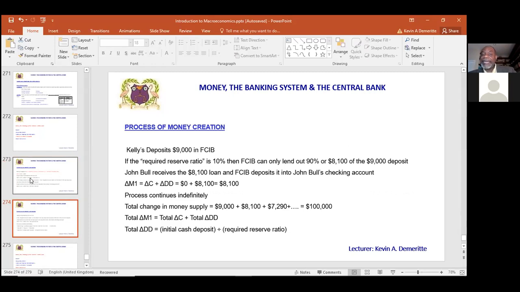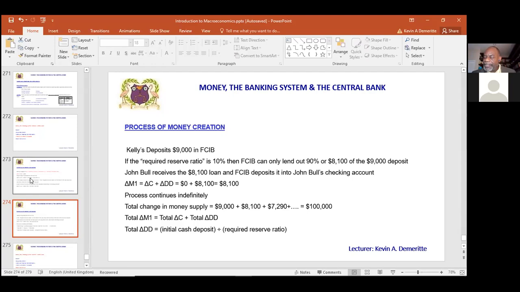Remember now, whatever deposit comes in, FCIB can only lend out 90%. So when the 10,000 came in, they only could lend out 90% of that 10,000, which is 9,000. So they lend out the 9,000.